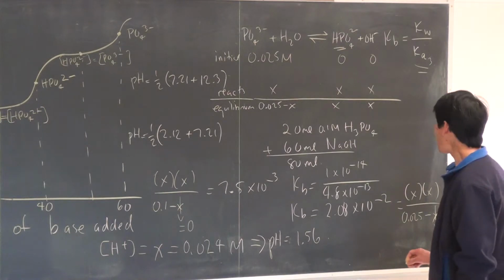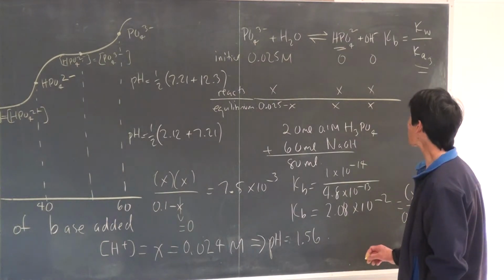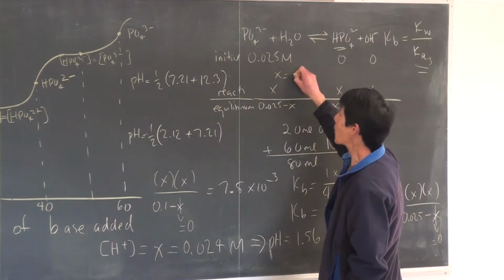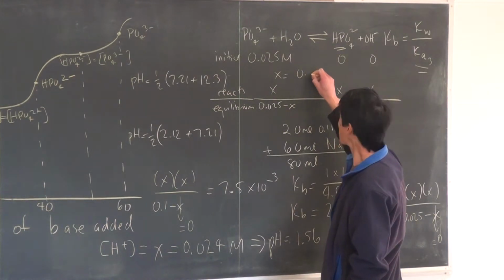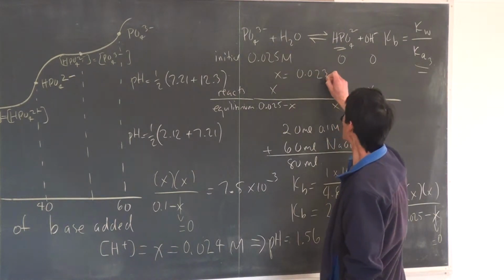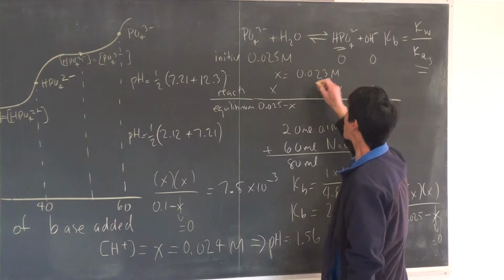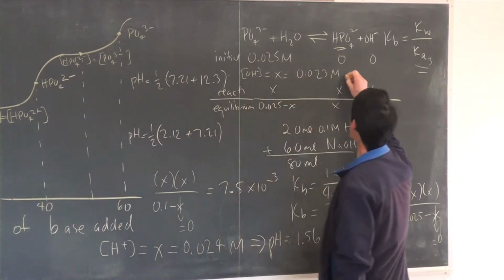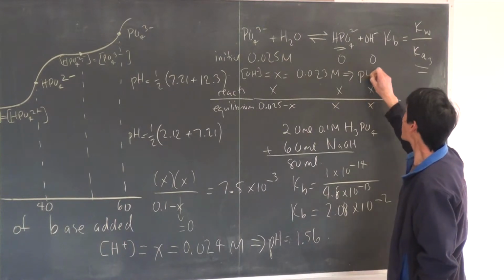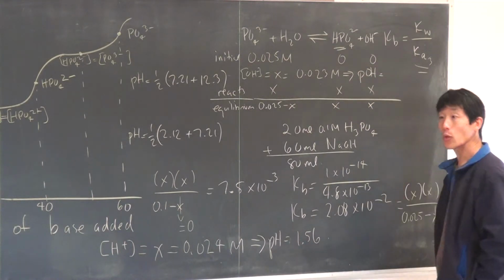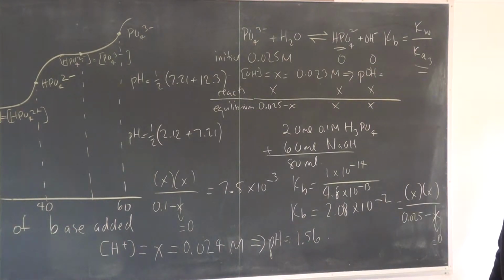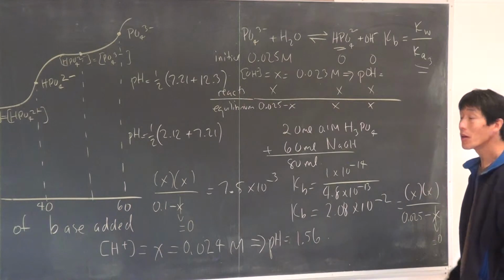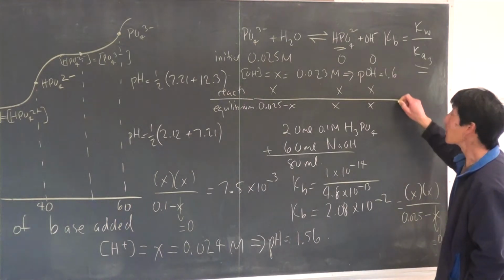So let's see, George, what did you get for x? 0.23. So note that this is also equal to the OH minus. So when you calculate the pOH, that's equal to 1.6.